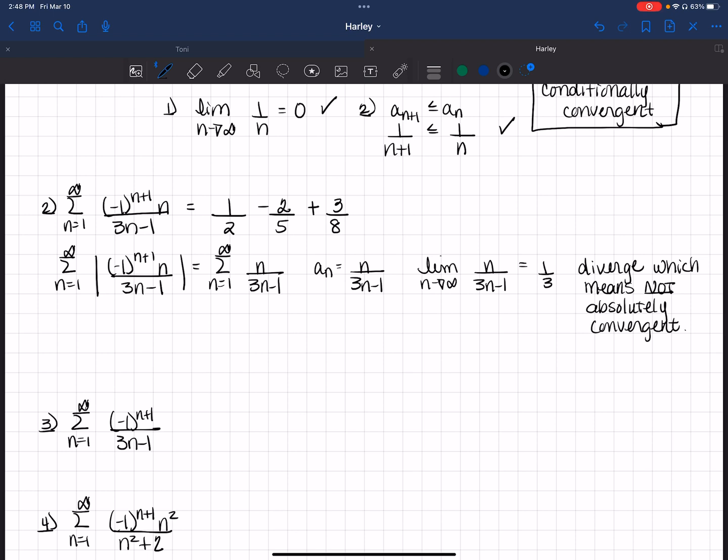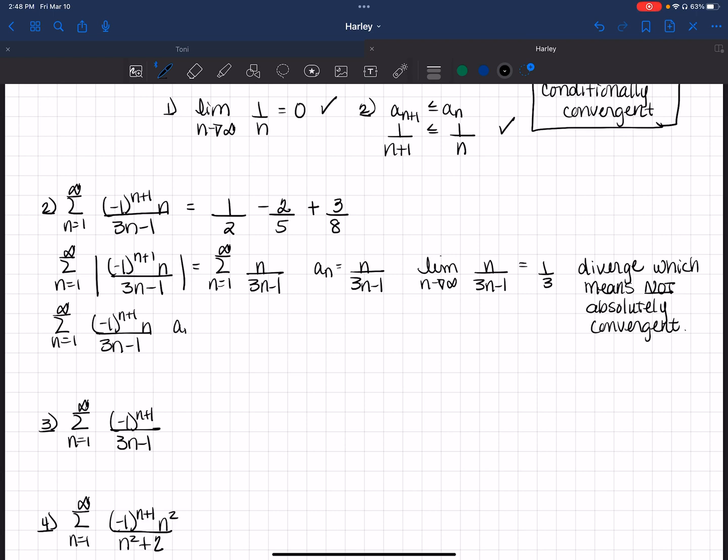So now I need to check on the conditional convergence. Okay, so I take the series itself, n equals 1 to infinity of (-1)^(n+1) times n over 3n minus 1. Okay, that is an alternating series. What's the first thing I do? I take out the chunk that makes it alternate, which is that (-1)^(n+1).